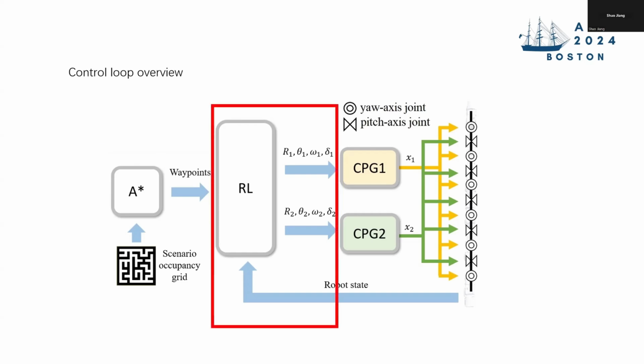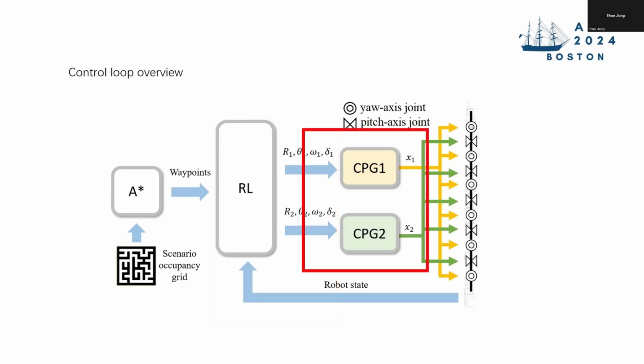The waypoints are delivered to the reinforcement learning module, which takes the robot state and translates it to CPG parameters. The third level of the hierarchy is the CPG model, which translates the parameters to the gaits that control the two groups of joints. At the very end, the joints on the robot body use PID controllers to track the planned gait.